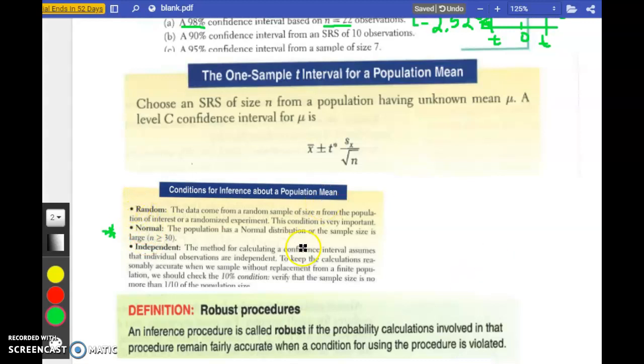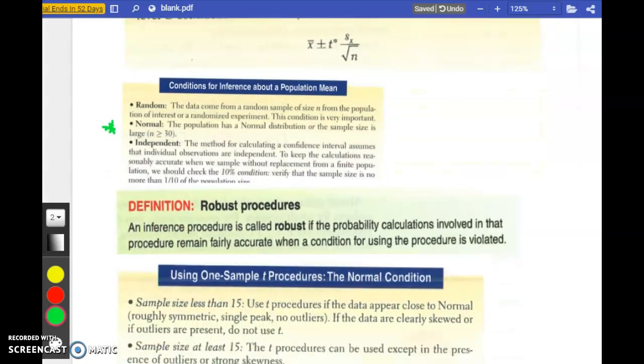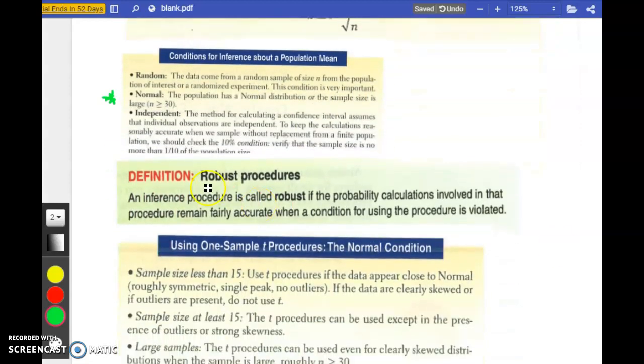But what's a little bit different about this normal condition for t procedures is that t procedures are something called robust. And if you've been watching the news lately, I've heard this word robust a lot when they talk about studies based on COVID-19 vaccines and testing for coronavirus, all that stuff. You would have heard this term robust.